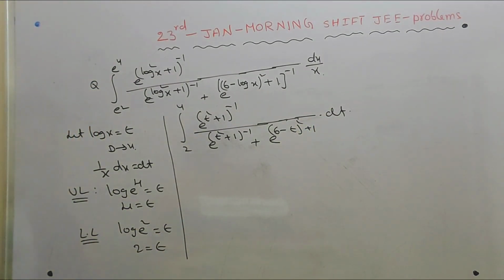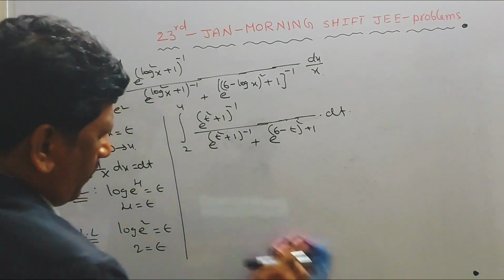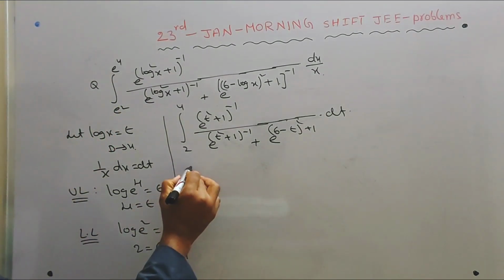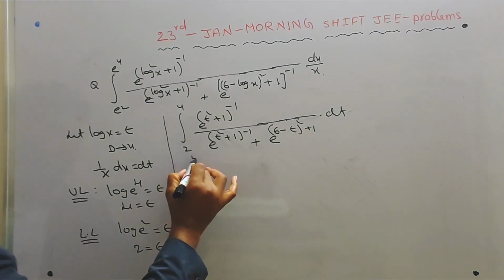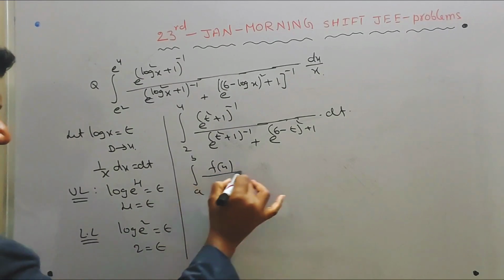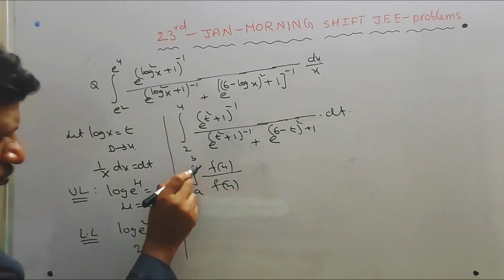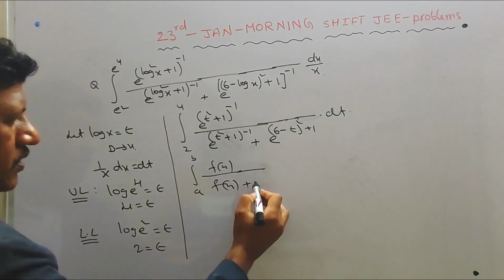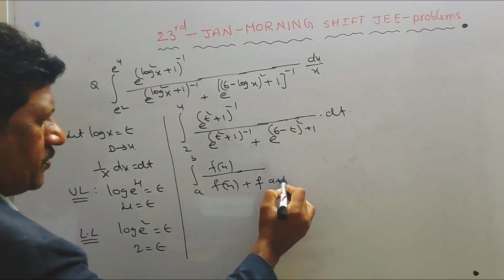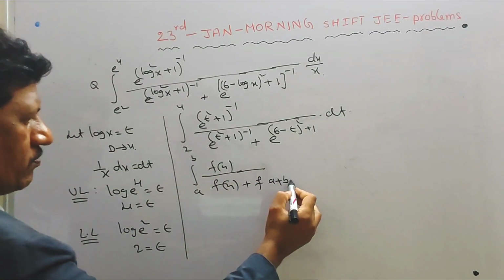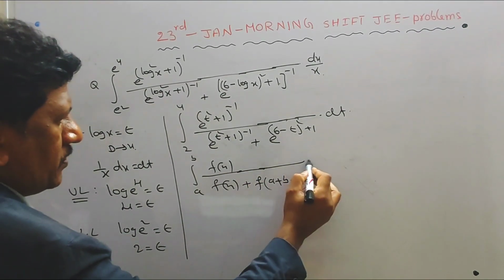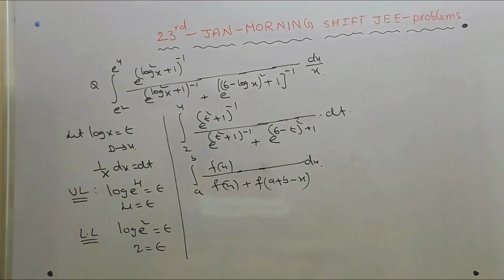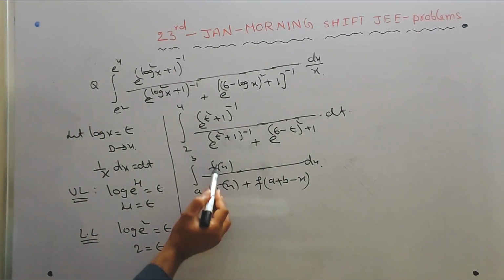Okay, right? Then one condition I said here. Which condition? Integration of a to b, f of x by f of x. So you look here, both the functions are similar. Then here, this is f of the sum of two limits minus x dx. This is one of the shortcut formulas. These both functions are similar.